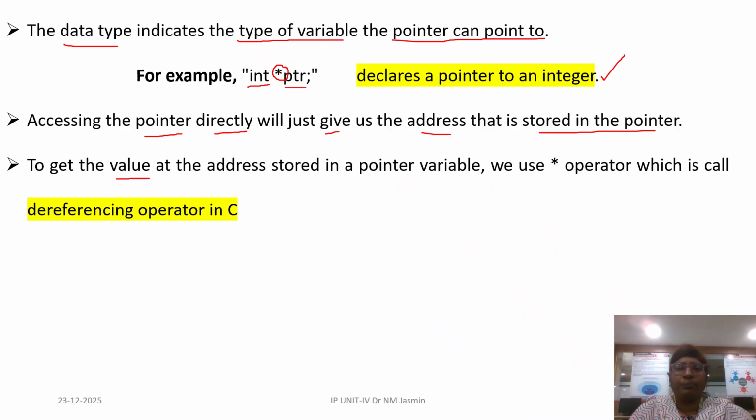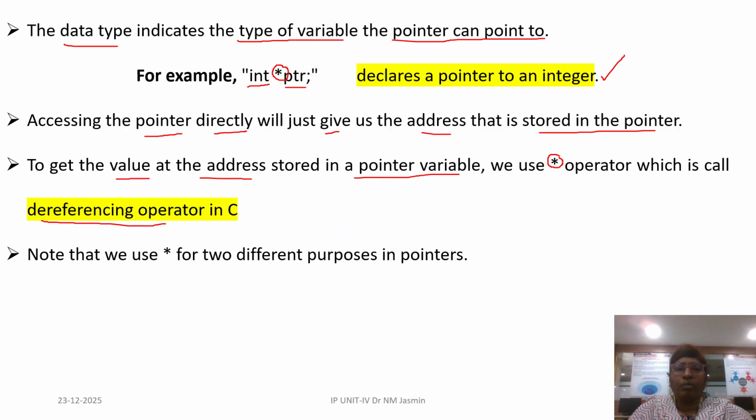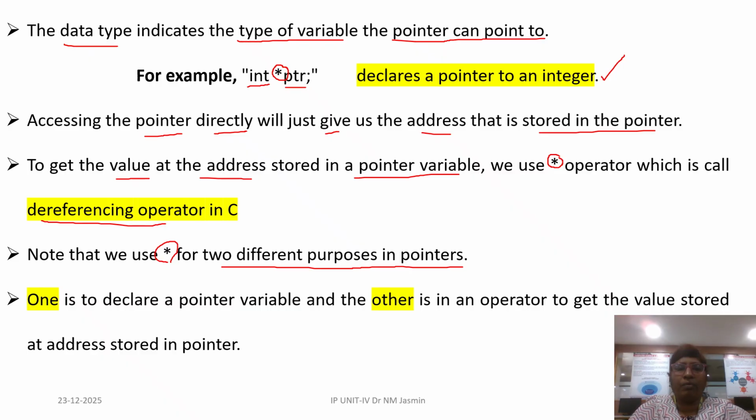To get the value at the address stored in a pointer variable, we use the asterisk symbol, which is called the dereferencing operator in C. We use this dereferencing operator for two different purposes: one is to declare a pointer variable, and the other is to get the value stored at the address held in a pointer.